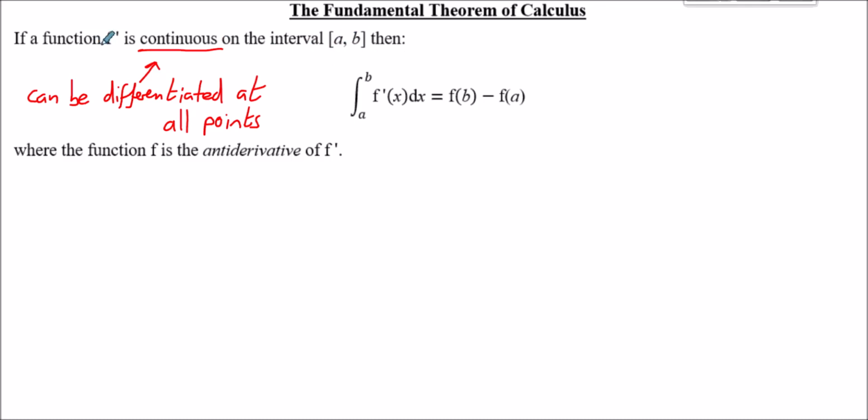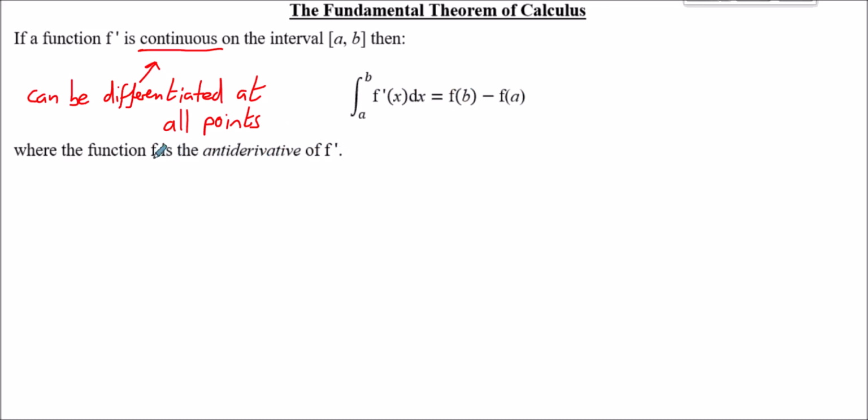So if a function f dashed is continuous on this interval, then if we integrate this f dashed function between the limits b and a, this is going to be precisely equal to f of b minus f of a, where the function f is the antiderivative of f dashed.